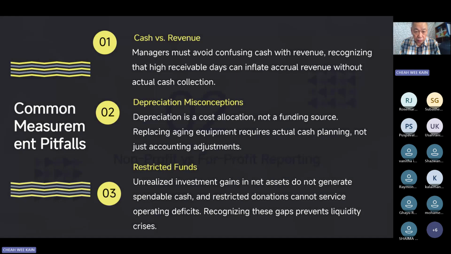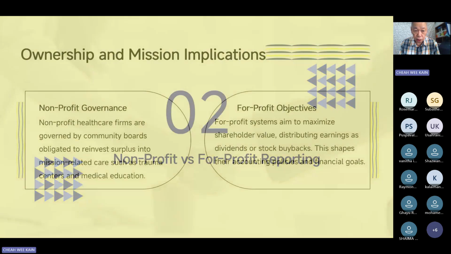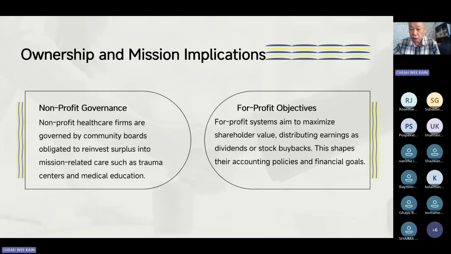so that's about it. Non-profit versus for-profit reporting. Now, in healthcare, you have public hospitals and private hospitals. Okay, now the for-profit one is very simple. If you are KPJ, for example, you're a private hospital, you are thinking about profit. So it's important for you, okay, for the income statement.